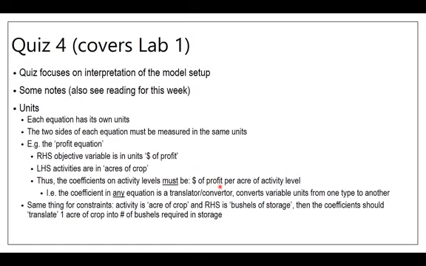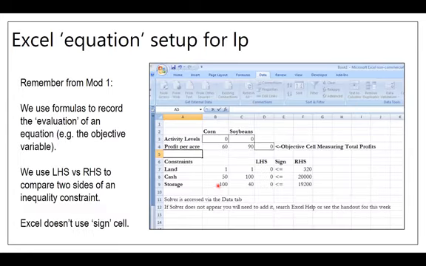Okay. So that's really what the quiz is about, making you think through the setup of this model. This is what the model looks like, and in fact this one's given to you entirely, the setup in Excel. When you get to the assignment, you actually have to go in and fill in all the values. But we use formulas.